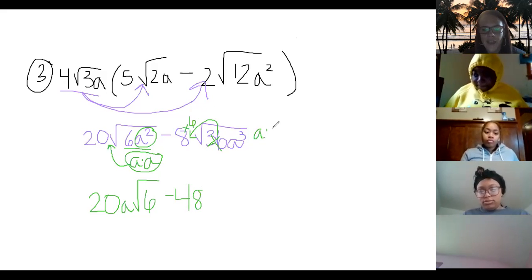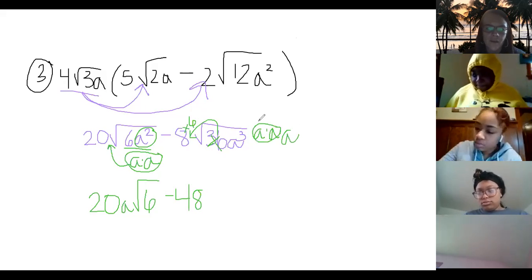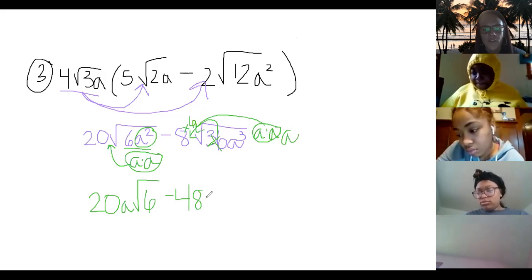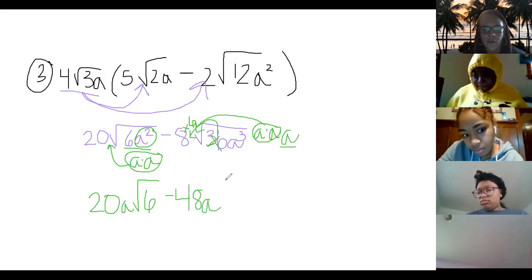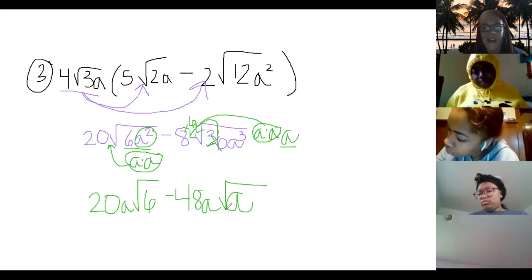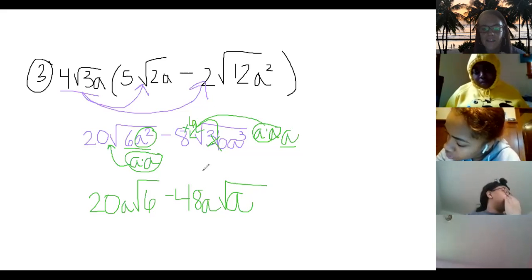So remember, 3 a's means that I can pull out one pair of partners here. So 1a can come to the outside with the 48, but I still have this 1a that doesn't have a partner, so he's locked up still in the square root. Okay, these are not like terms because the 6 and the a doesn't match in the radical, so this is my answer.